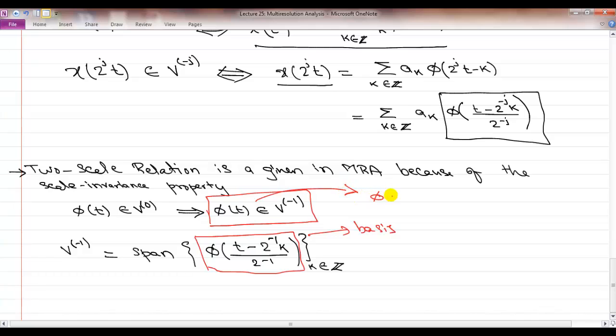So this means that there exist some coefficients such that phi of t is given by the sum of g tilde k phi of 2t minus k. Right? This is the two-scale relationship that we had discussed in the last class.